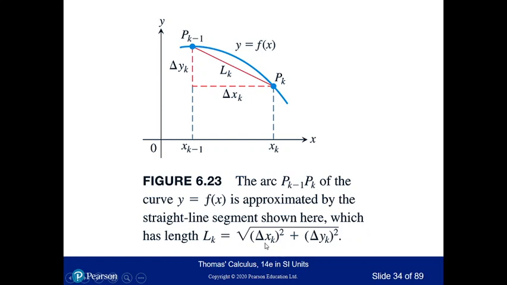What you do is you divide both sides by delta xk, and we have delta yk over delta xk squared, which is similar to f prime, the derivative of f at x, and we are going to have 1 here, and this is going to be lk over delta x.